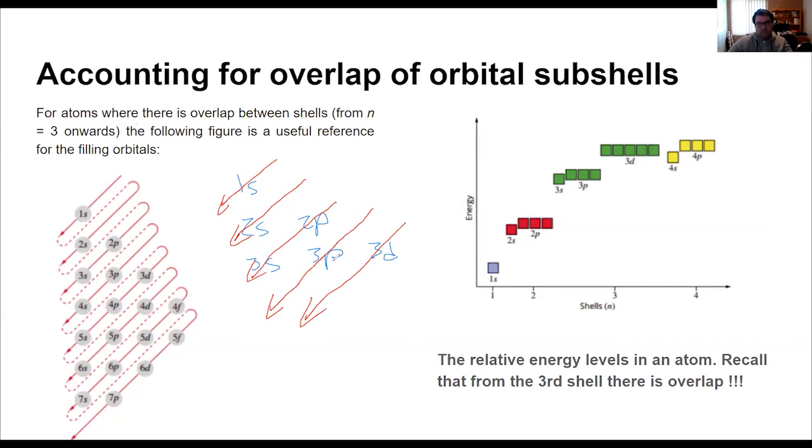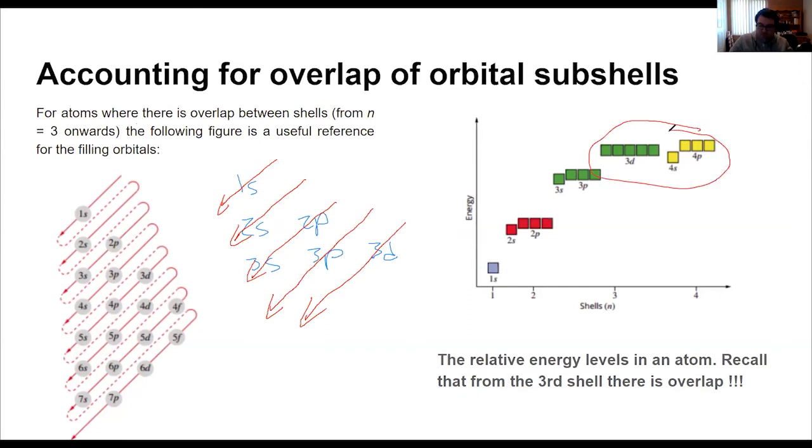By the same token, if you know about the Bohr model, you know that you have the 3d subshell. The transition metal electrons are filled after the fourth shell starts to fill, but they're actually part of the third shell. You can see that when you look at the energy levels of those shells.